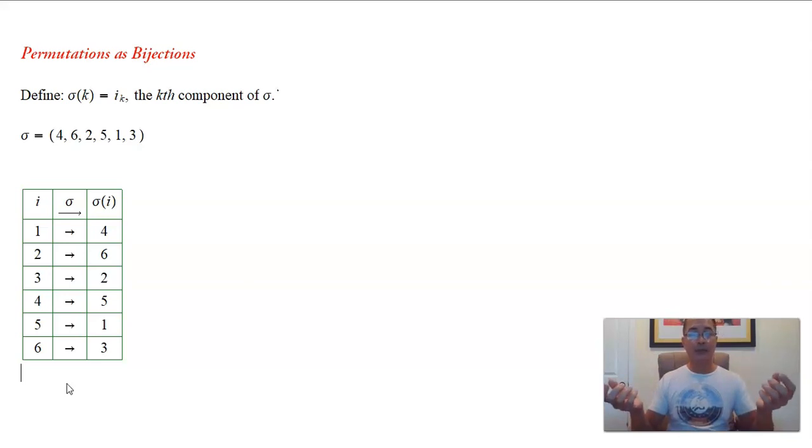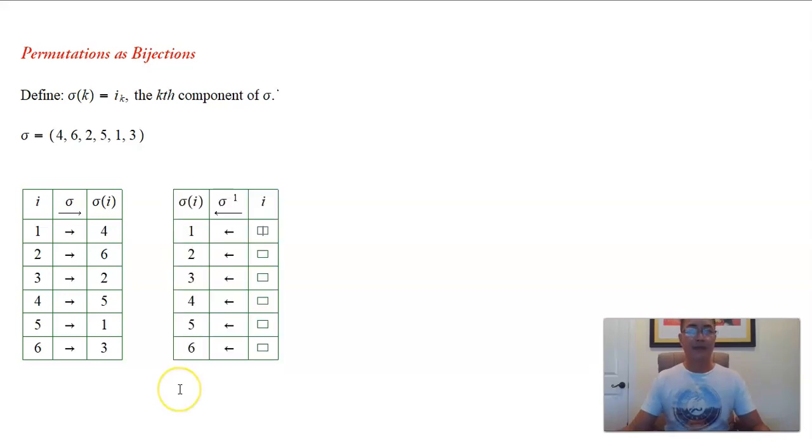But wait a minute, our domain and codomain are both 1 through 6 in this example. So we're going to construct the inverse function to this function.